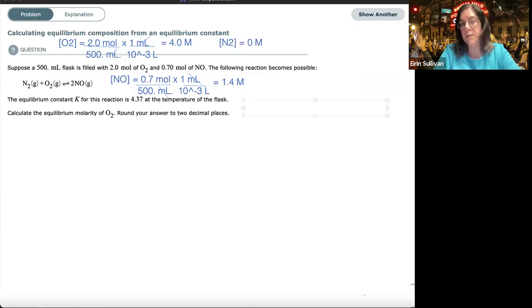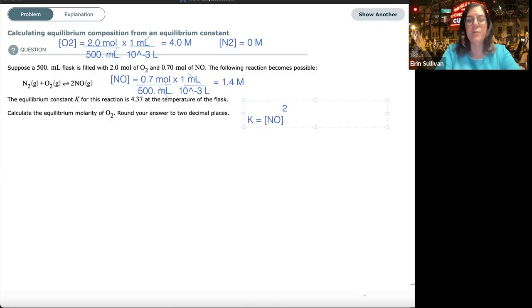But if you couldn't tell, for instance, if you had a little bit of everything, you would have to write the equilibrium constant expression, which we're going to have to do anyway, and then you would substitute in those initial concentrations to work out your reaction quotient and compare that to your equilibrium constant to determine which direction your reaction is going to go to reach equilibrium.